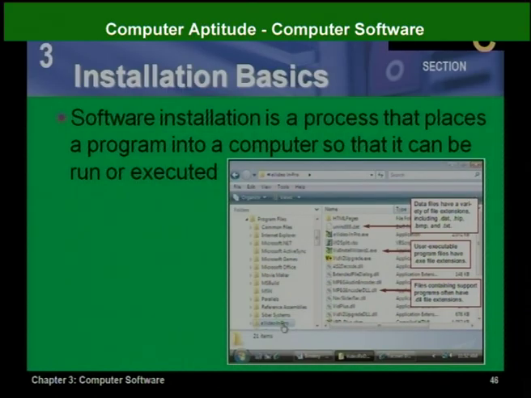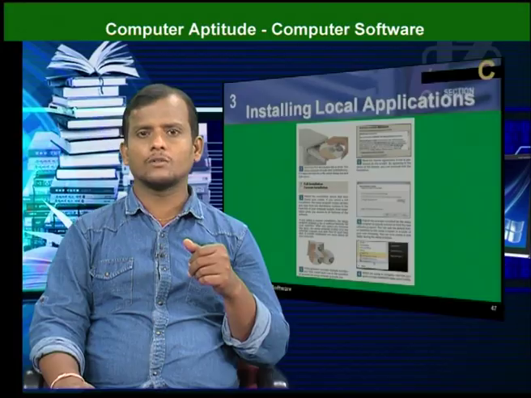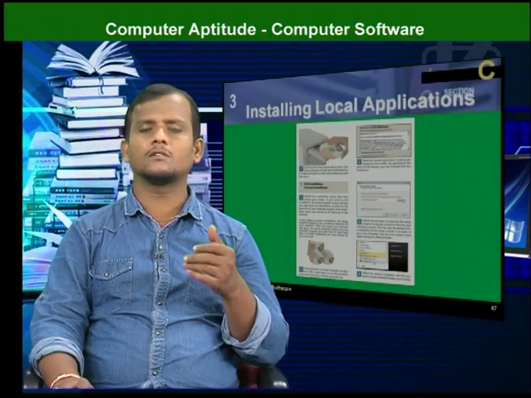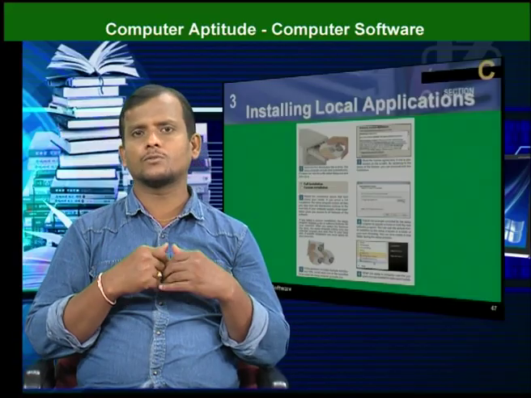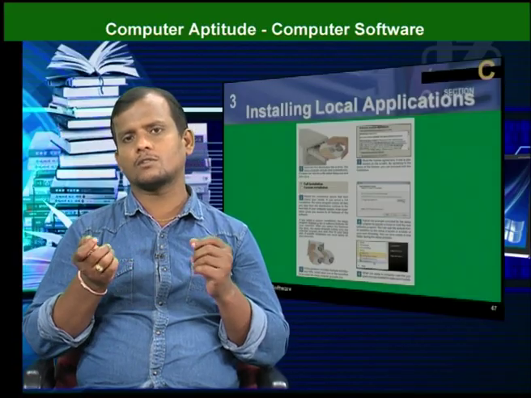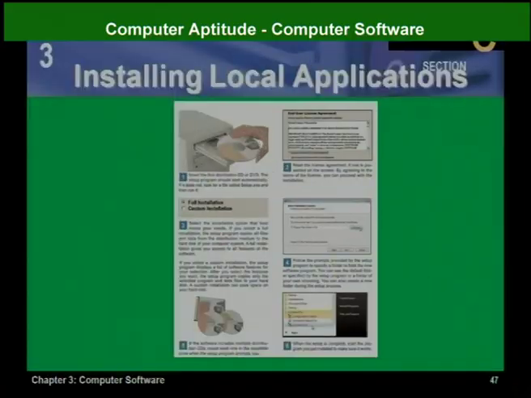Software installation is a process that places a program into a computer so that it can be run or executed. So before you use or execute the software, it has to be installed in a system. The software might be installed through CDs, from flash drives, or you can download it from the internet and install it. There are multiple ways to do that.